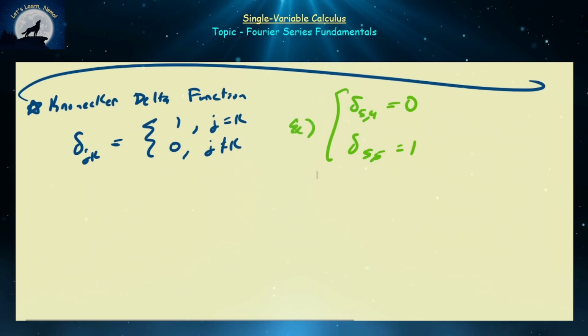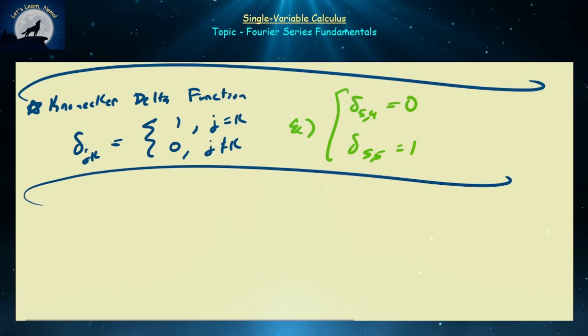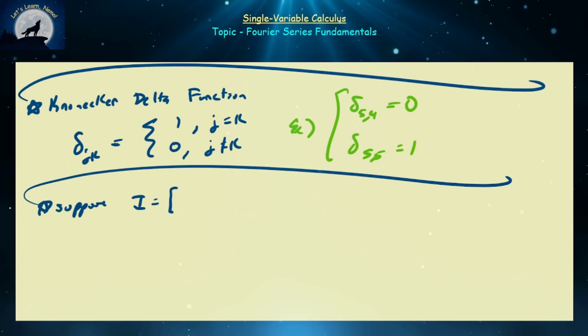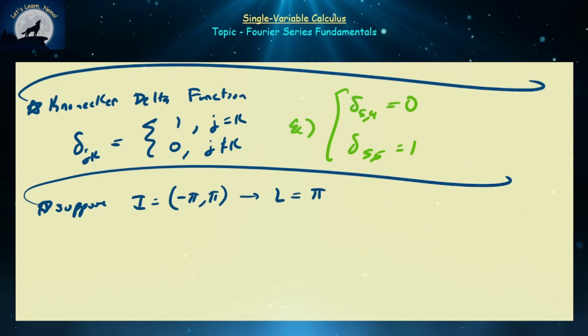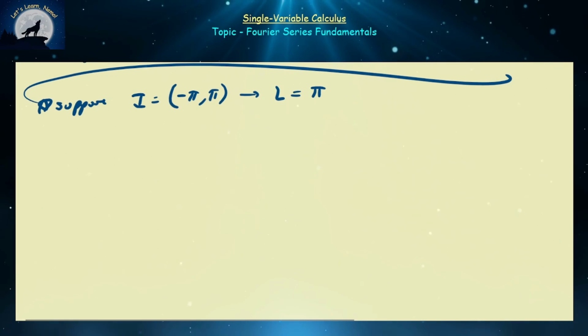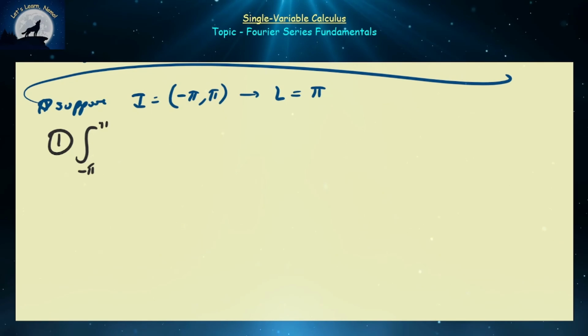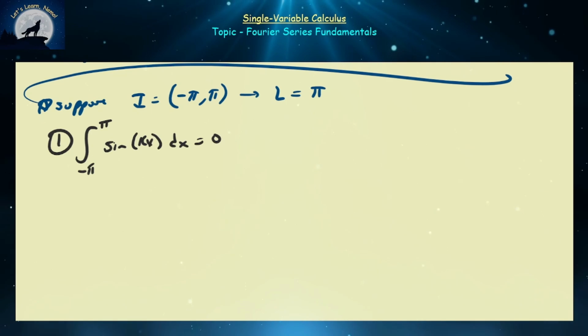Now let's mention a couple of trigonometric identities from basic integral calculus that you definitely should know. Let's suppose that our interval of interest is, and this is typically taken to be the open interval, minus pi to pi, meaning that L will be equal to pi. You need to be able to prove the following identities on your own. I'm not going to prove them, but they are pretty easy to prove. The first is the integral from minus pi to pi, so that's minus L to L generally speaking, of sine of kx dx, which will be equal to 0.